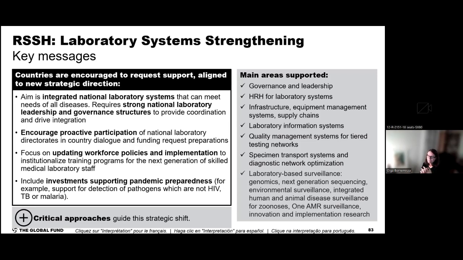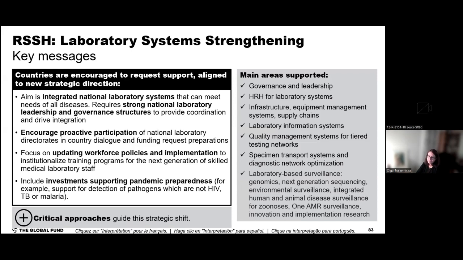Two things to emphasize here among many, many things. The first one is that we really want to focus on updating workforce policies and implementation to institutionalize good lab systems training programs to ensure that we get a next generation of skilled medical laboratory staff, using many of the same good techniques that I was mentioning on the HRH slide, so continuous quality improvements and supervision, et cetera.